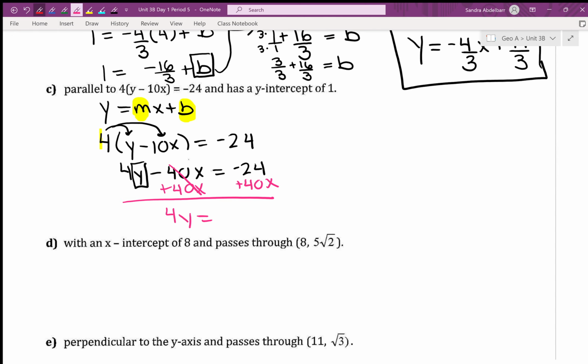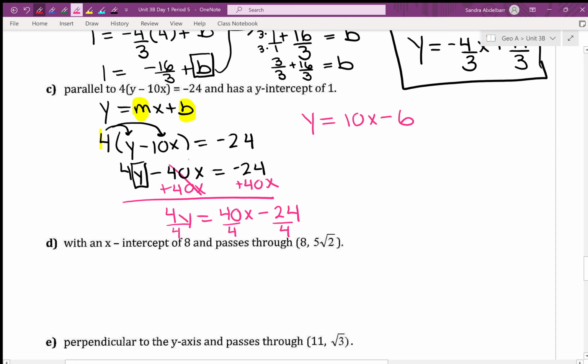The 40x. We want the x first, minus 24. And then our last step would be to divide by 4 under everything. So now we have y is equal to 10x minus 6. Okay, I'll give you a minute to catch up before we talk some more.